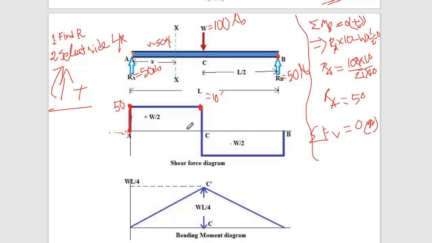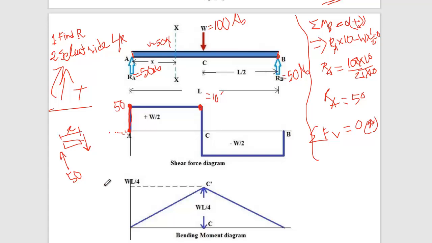Do you understand? If you want to prove this, you can take a section at any distance. Suppose this section, you can prove it. How? Suppose this distance is X, and this is your 50. We know on the right hand side, this would be downward, right?